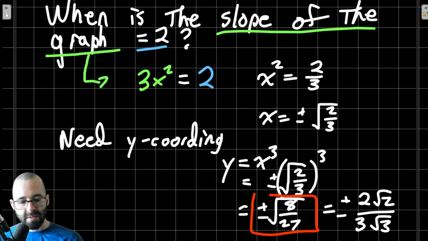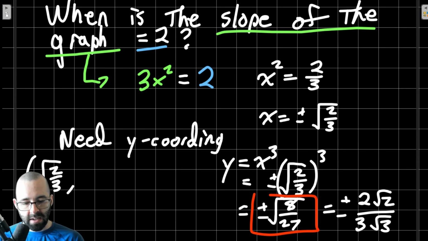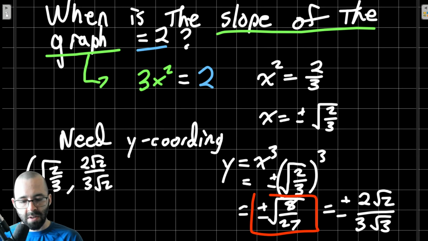So what is important is our final answer should be a point. So it's going to be when x is the square root of 2/3, and when y is 2√2 over 3√3. Whoa.